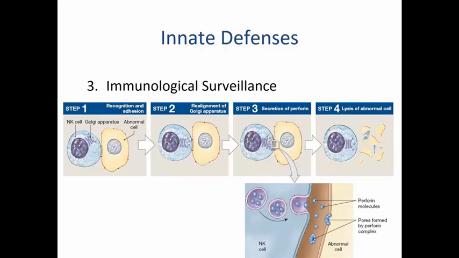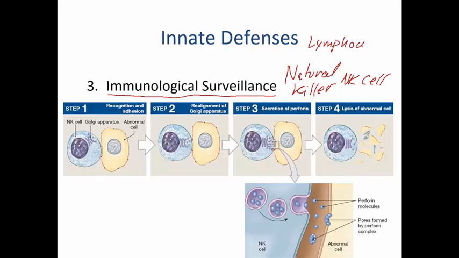A third type of innate defense is called the immunological surveillance system, and this involves the natural killer, also known as NK cell. This is actually a type of lymphocyte, and it's the only type of lymphocyte that's involved in innate defense and not adaptive defense.